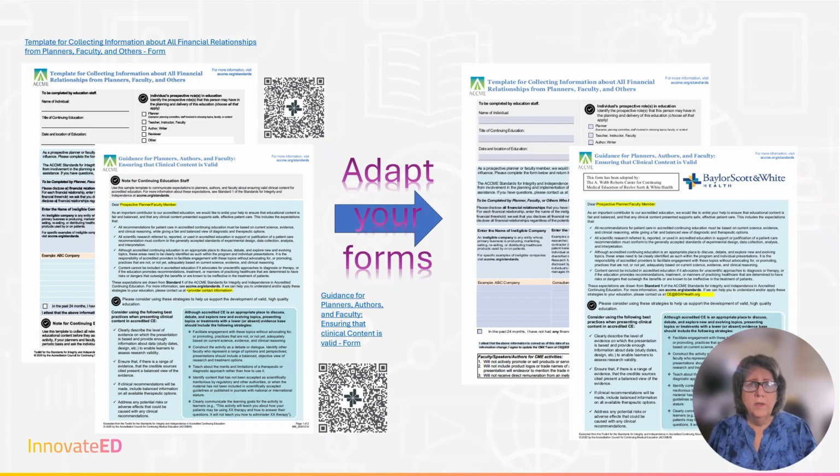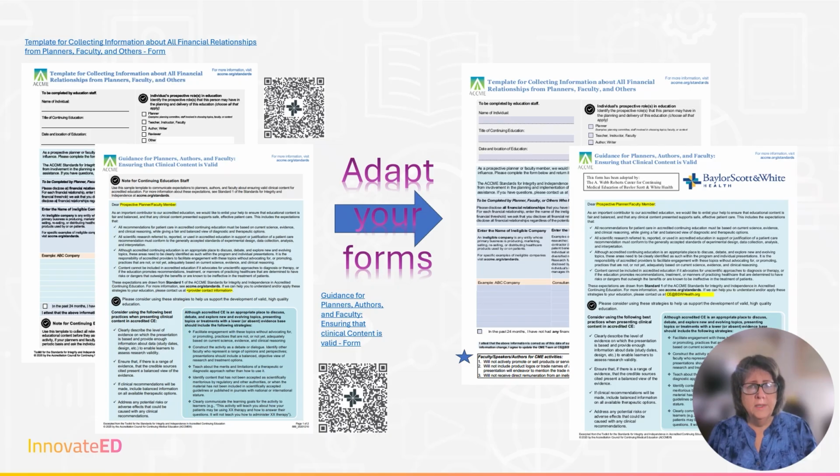In our workflow, planners log into the LMS to complete their disclosure form. When they submit the form, the system automatically captures their attestation along with their name from their profile and the exact date and time of submission, creating a verifiable record of review. The QR codes shown on the slides are included as a reference point so that you can easily access the original ACCME resources.